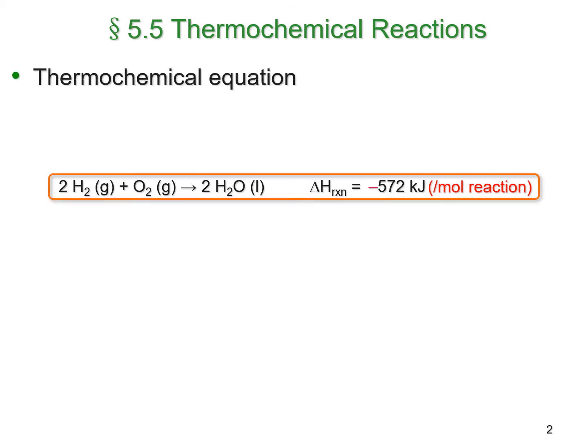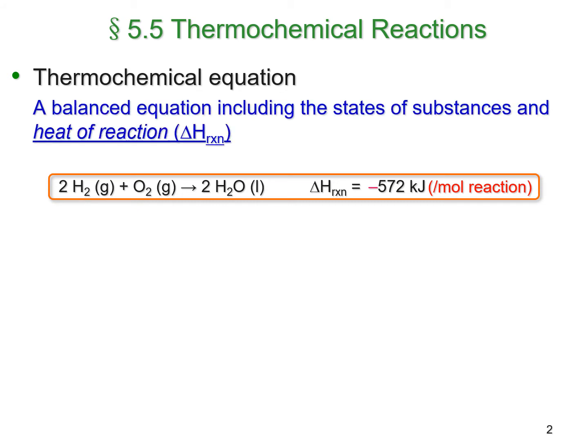If we combine the equation and the heat of a reaction altogether, we call it a thermochemical equation. This is a balanced chemical equation including the states of the substances and the heat of the reaction altogether. We're going to talk about the stoichiometry of this delta H of the reaction and the reaction itself in our next slides.